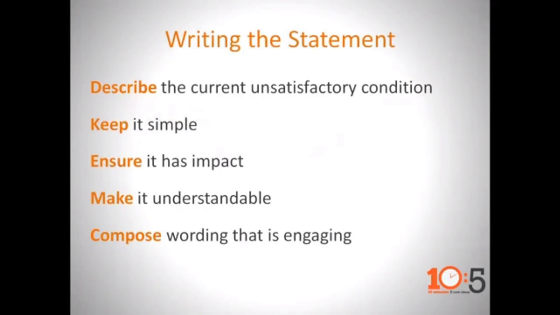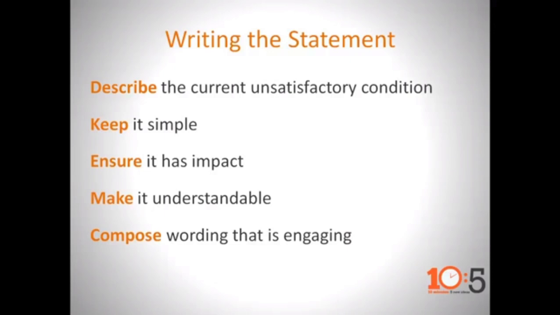There are 4 levels that we see within organizations. We can have system level problems, we can have value stream level problems, process level problems, or task level problems. This slide describes 5 key points in writing the problem statement.